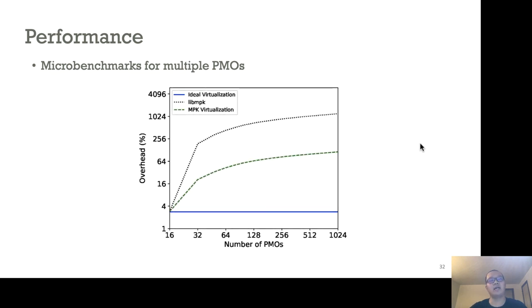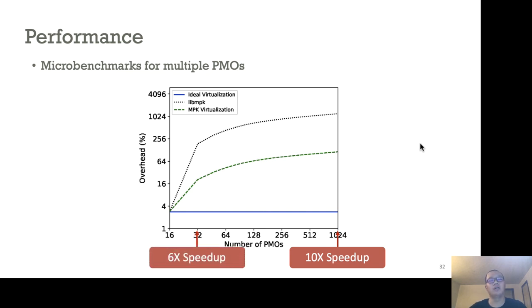And the dashed line is the hardware MPK virtualization, and it can achieve 10 times speedup for 1000 domains compared to the software method, and it can also achieve 6 times speedup even for 32 PMOs. But due to the TLB invalidation, for 1000 PMOs, its overhead is still substantial.